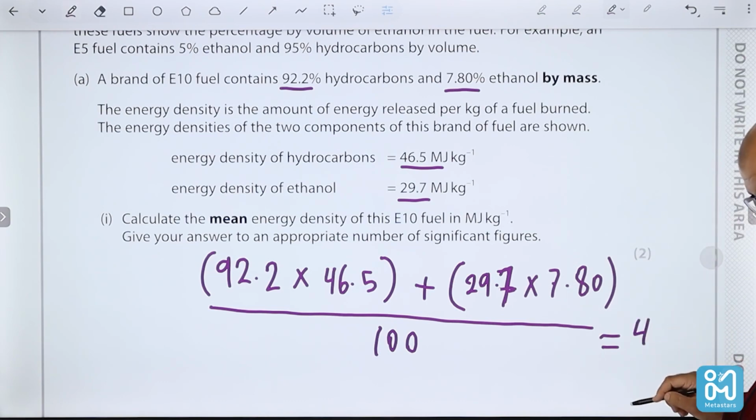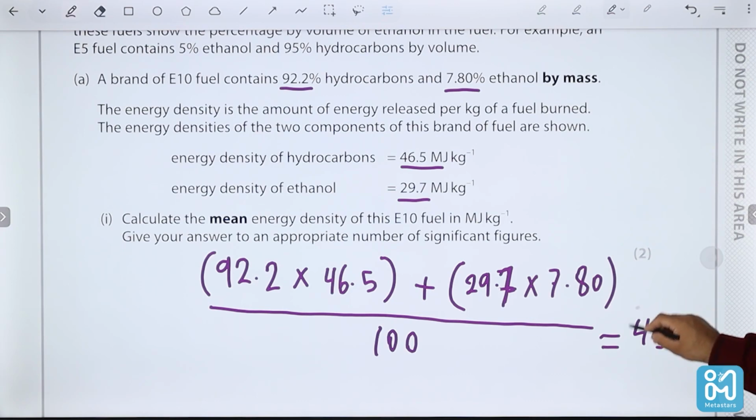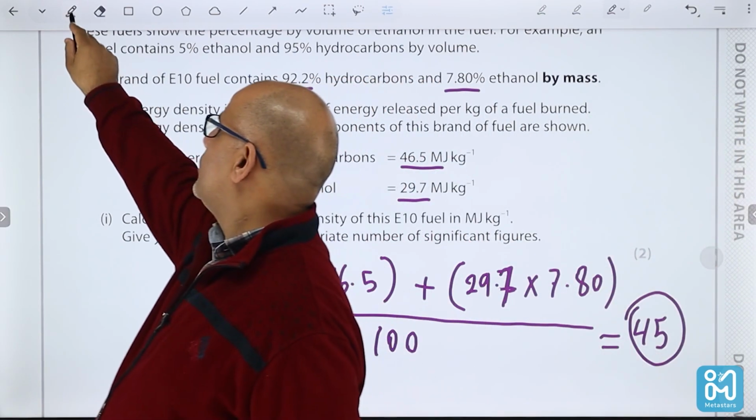So for significant figures, it is 45. This is the average energy density for the fuel.